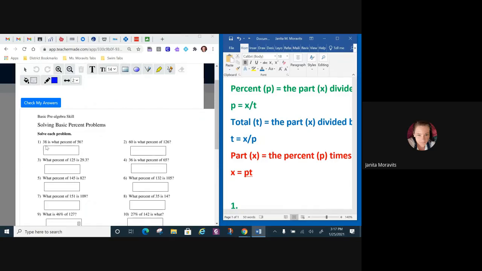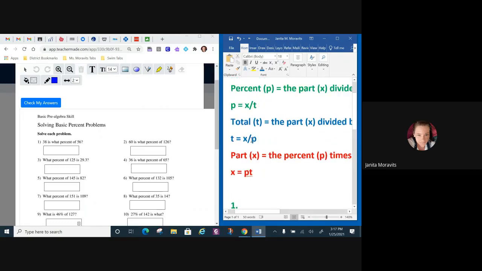Number 1, 38 is what percent of 56? It looks like we have to find the percent on this one, which means you take the part and divide it by the total. X is the part divided by the total.